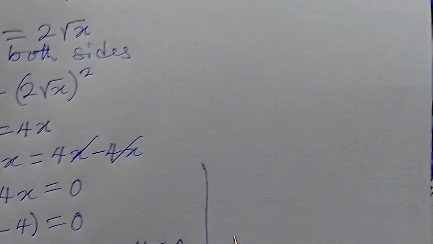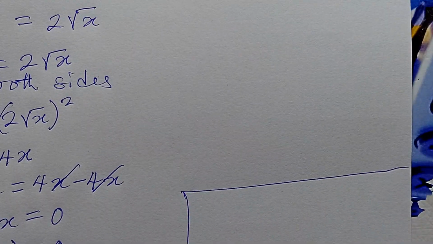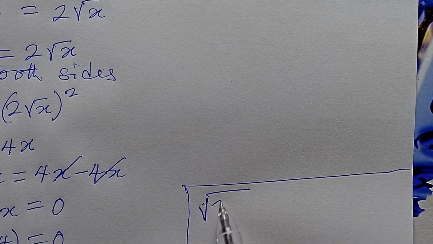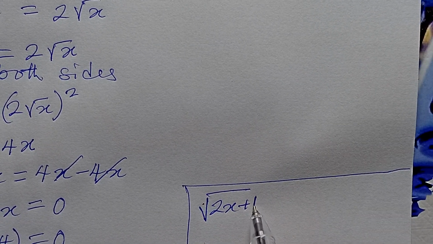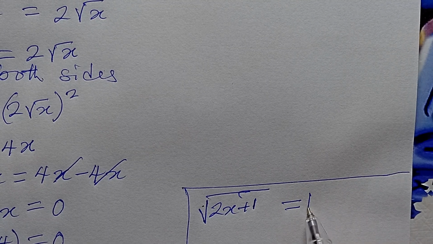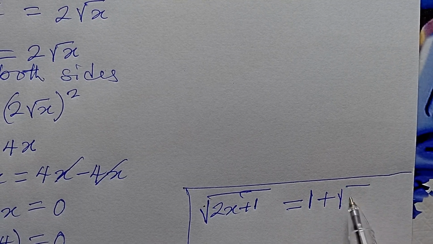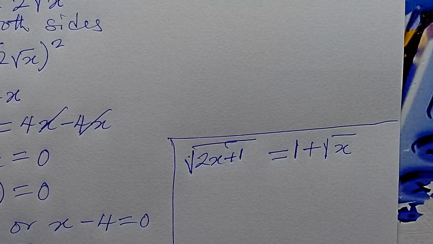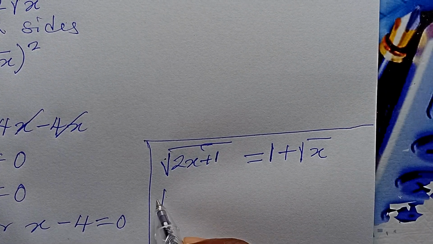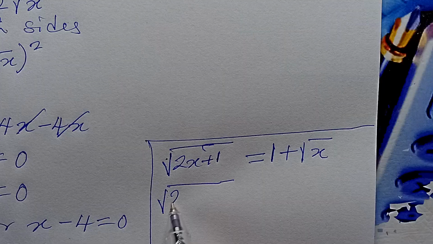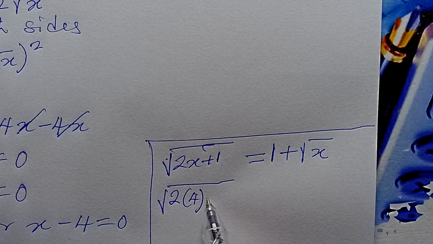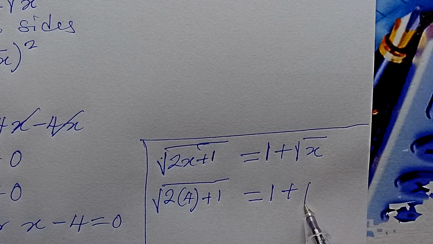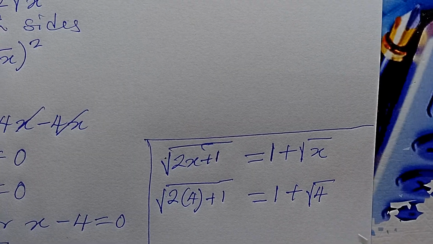Now let's check for the second one. Again, our original equation is the square root of 2x plus 1 equal to our 1 plus the square root of x. So when x is equal to 4, we put in the square root of 2 times 4 there plus 1 equal to 1 plus the square root of 4.